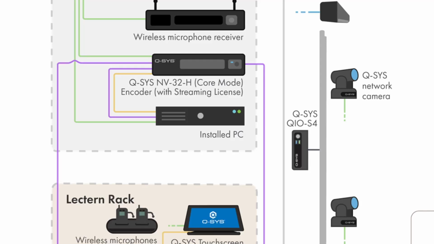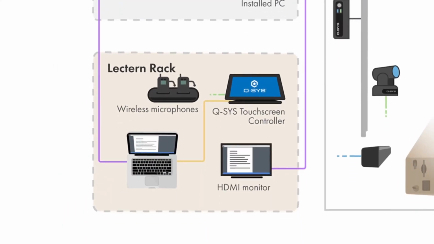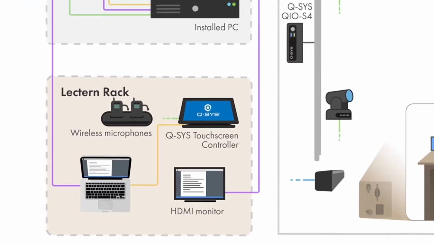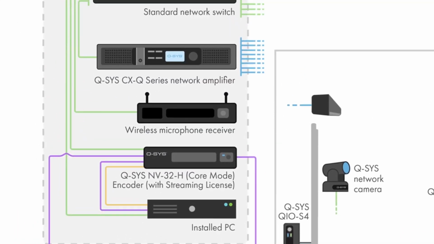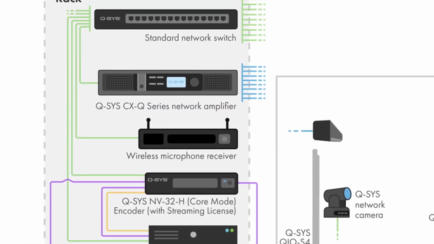I've also got HDMI going into it from the PC and from a laptop. We've also got some bridging happening between the laptop and one of our TSC touchscreens, so you can optionally do USB bridging on that, just worth pointing out. We've got a confidence monitor on the NV, and we've also got it receiving some wireless microphones, controlling a higher channel count network amplifier. A lot of stuff going on there.